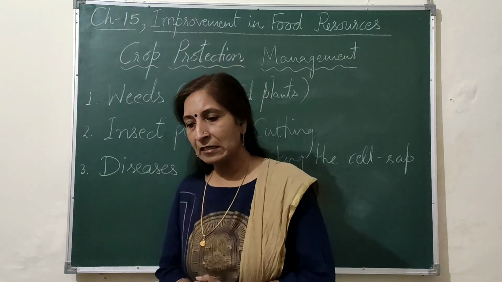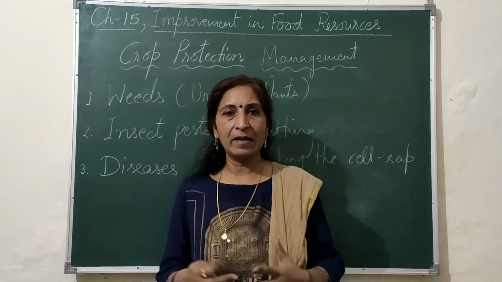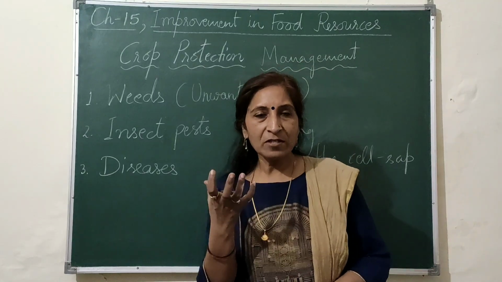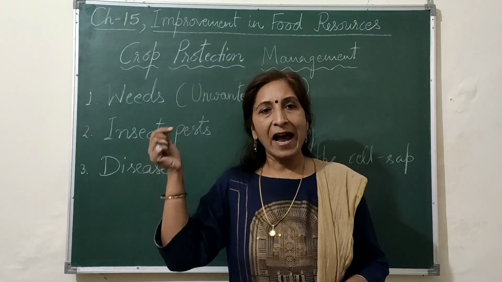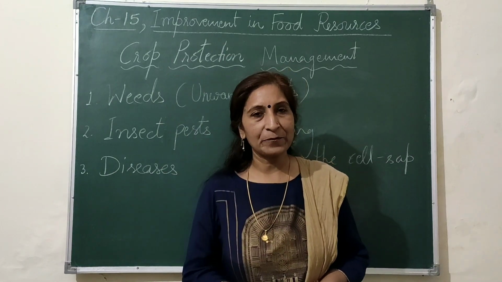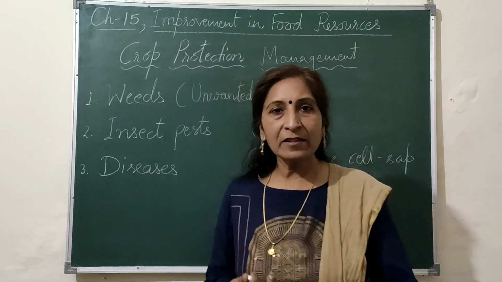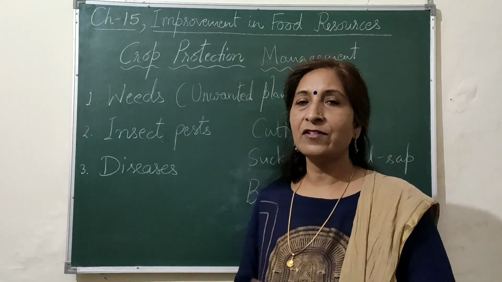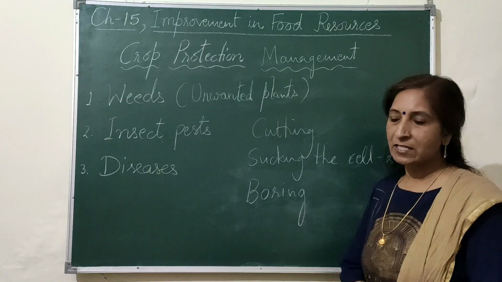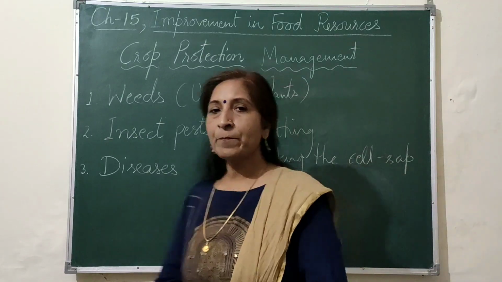Children, you must have seen that sometimes when we buy some vegetable like brinjal, it's a good example. Sometimes in the brinjal we see a hole, and inside that hole there is a caterpillar or larva of the insect. So it is harming the vegetable, and this is how the insect can be harmful to the crop plants. Now what should be done for that?